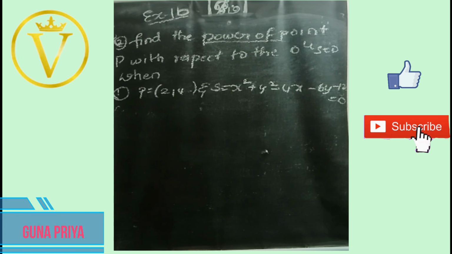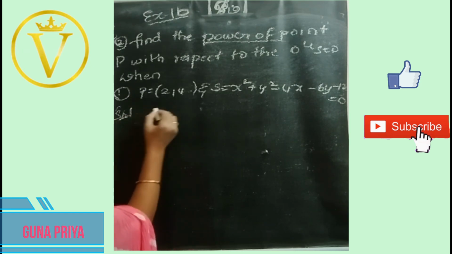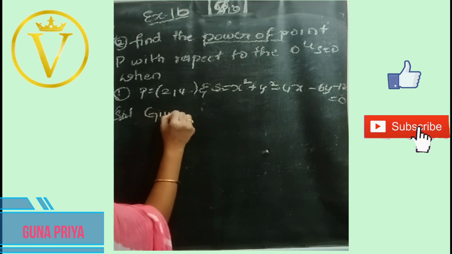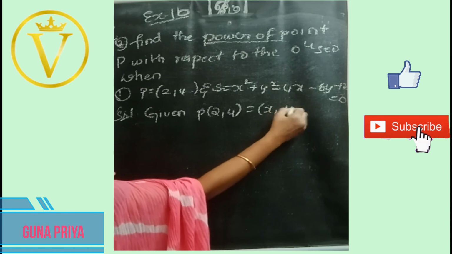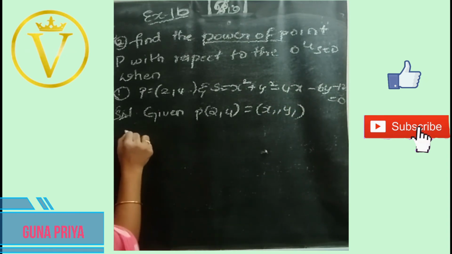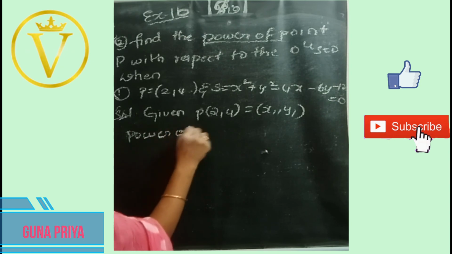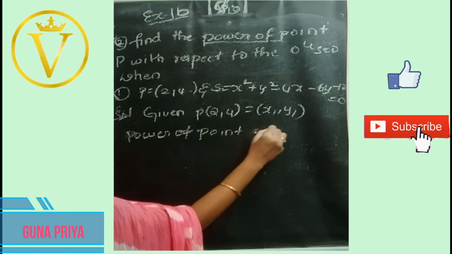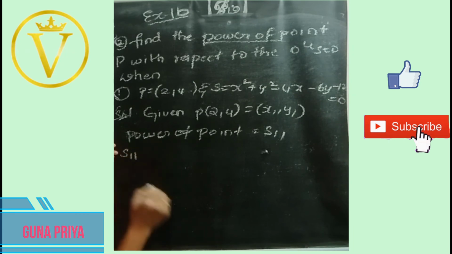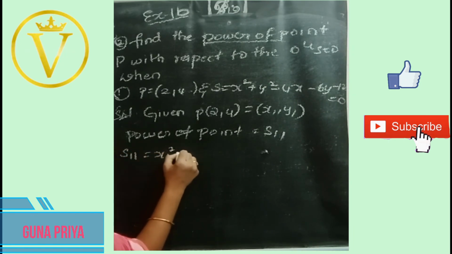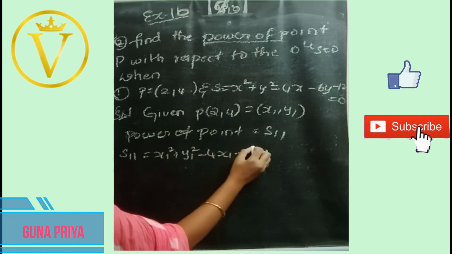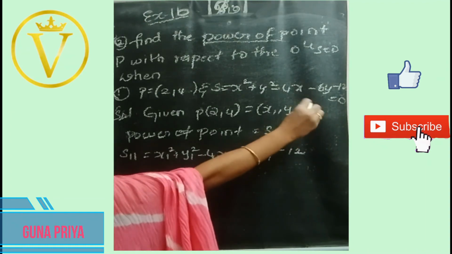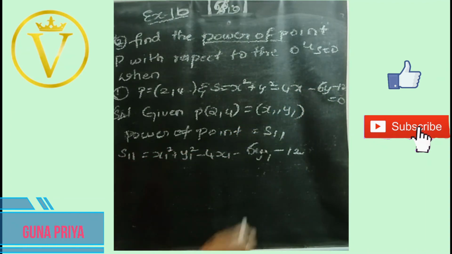First, our given point P(2, 4) is (x1, y1), and power of point is S11. Here S11 is x1 square plus y1 square minus 4x1 minus 6y1 minus 12.